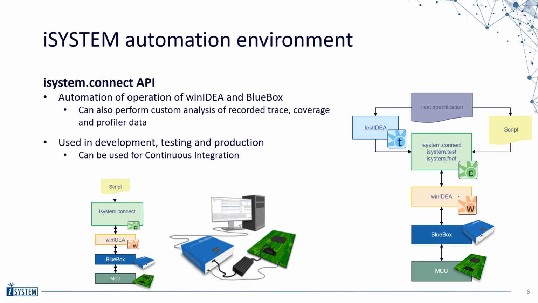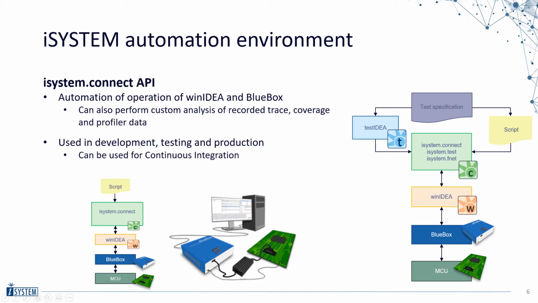Besides iSystem Connect, you can also use isystem.test and isystem.fnet APIs. These are the automation APIs for testing and automation of the fnet add-on modules like the CANLIN module and the analog digital I/O module. The iSystem software package also includes testIDEA, that is a test tool.